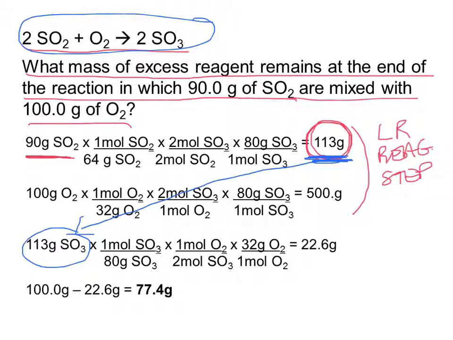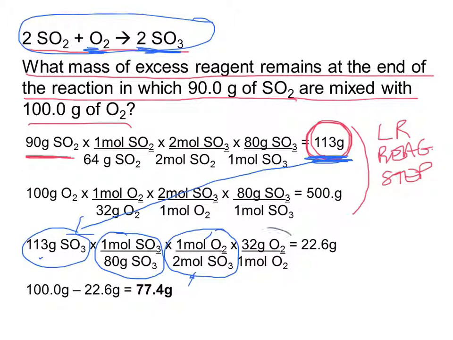So the first thing I do is I go from grams, I convert to moles of SO3. I use my balanced equation to get my molar ratio of O2 to SO3. And in this case, 1 mole of O2 gas will yield 2 moles of SO3. So that's what I have here, 1 mole and then 2 moles.